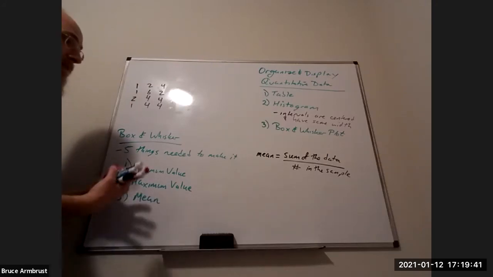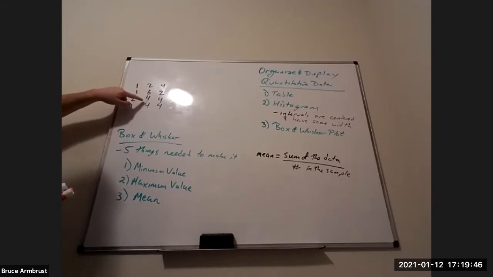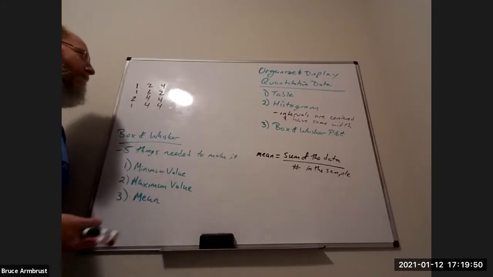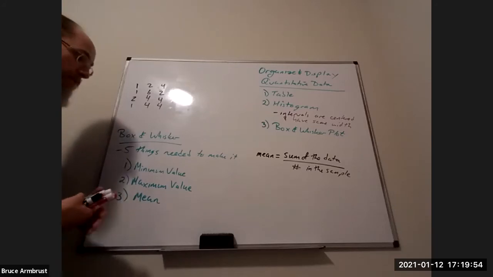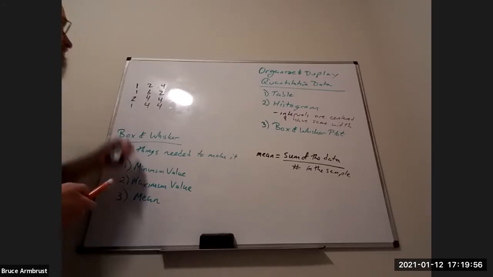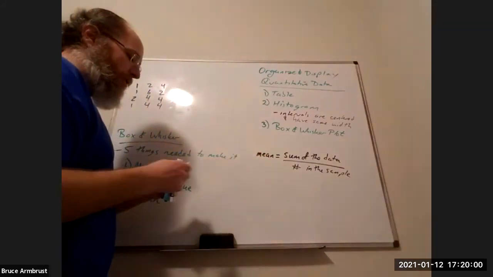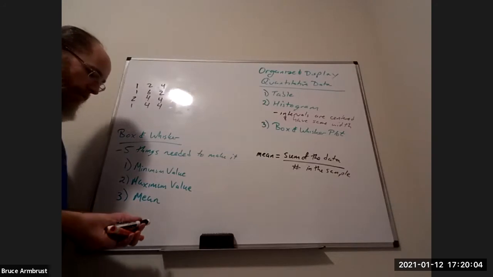All right, so for this specific example, you would take 1 plus 1 plus 2 plus 1 plus 2 plus 6 plus 4 plus 4 plus 4 plus 2 plus 4 plus 4, and you would divide that by 12 because we had 12 responses. Let me actually show you the symbol that we use for the mean.